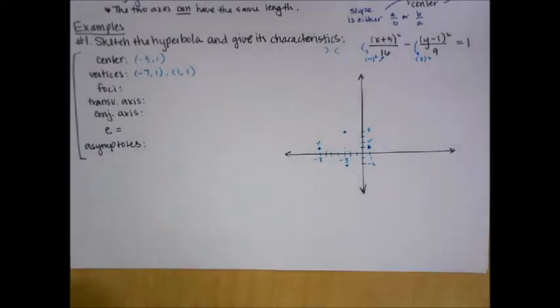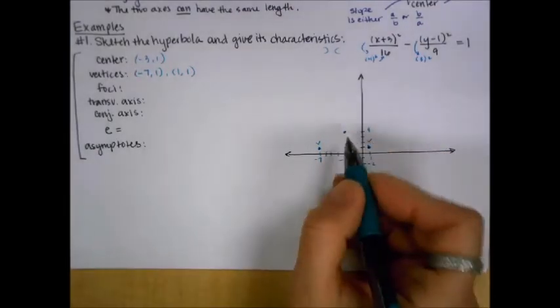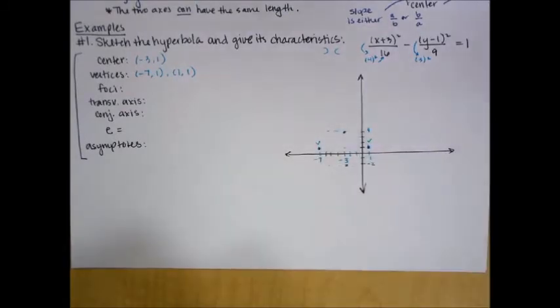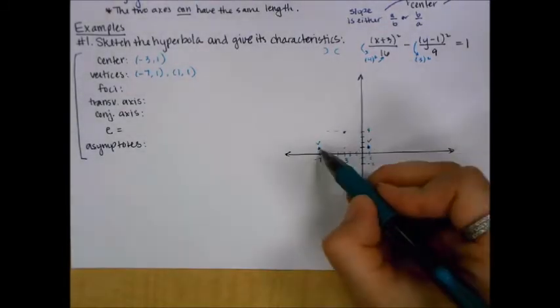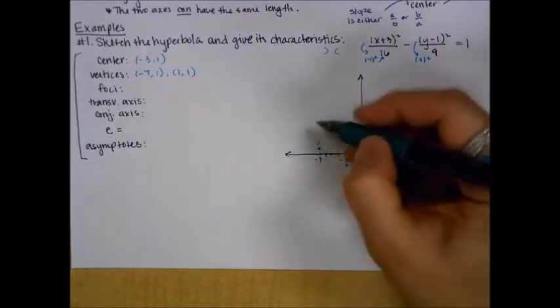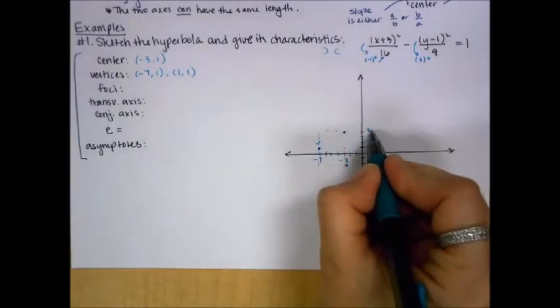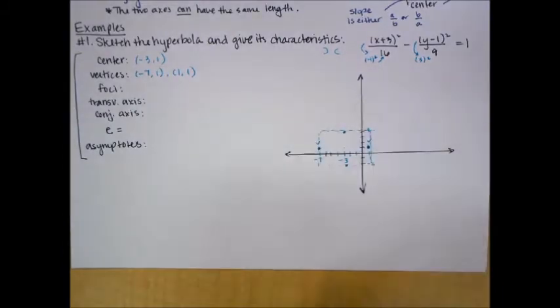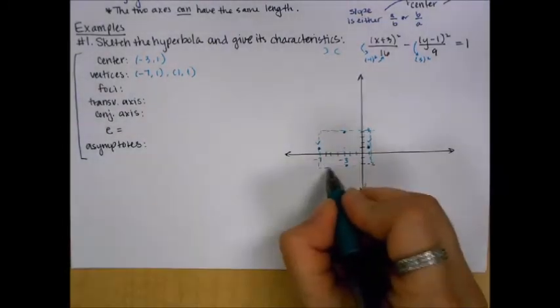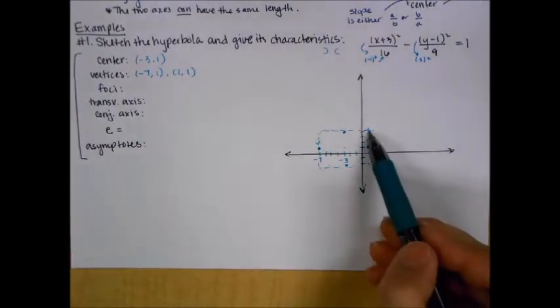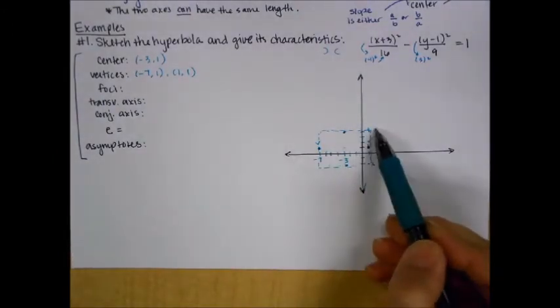The points at the top and bottom are the top and the bottom of the box we want to make. The vertices on the right and left are passing through the left and right sides of the box. And you just want to make it nice and dotted here. Okay. And this is going to be what helps guide our curves, because through the end corners of our box, we're going to draw the asymptotes.